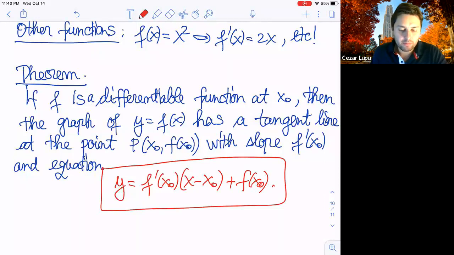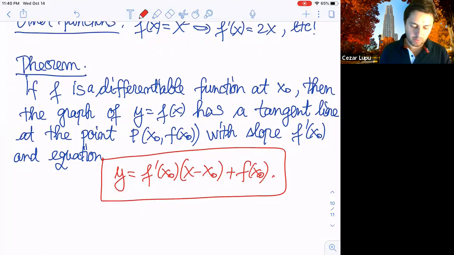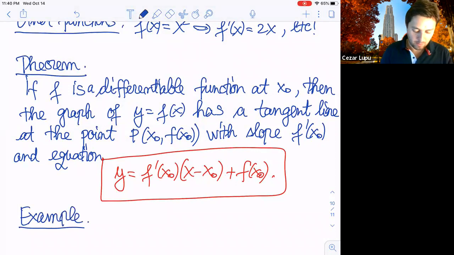For example, let's do an example. The example that I have in mind, let me look at the notes, is the following.